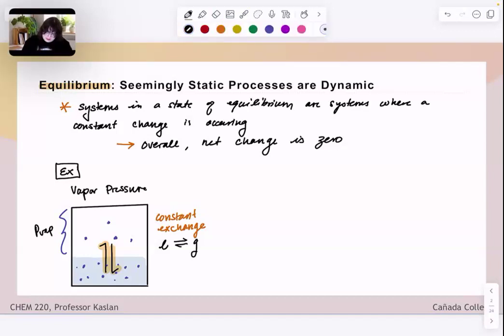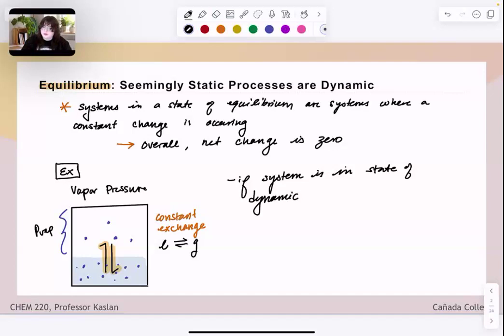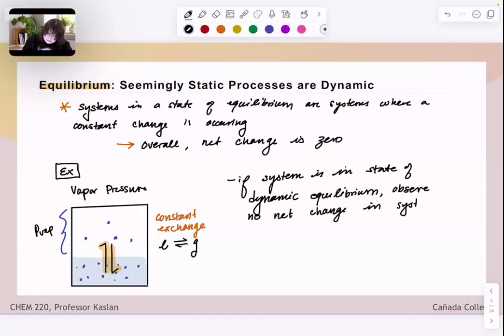Now, the thing about states in equilibrium is if a system is in a state of dynamic, meaning constant perpetual change, equilibrium, we observe no net change in the system.